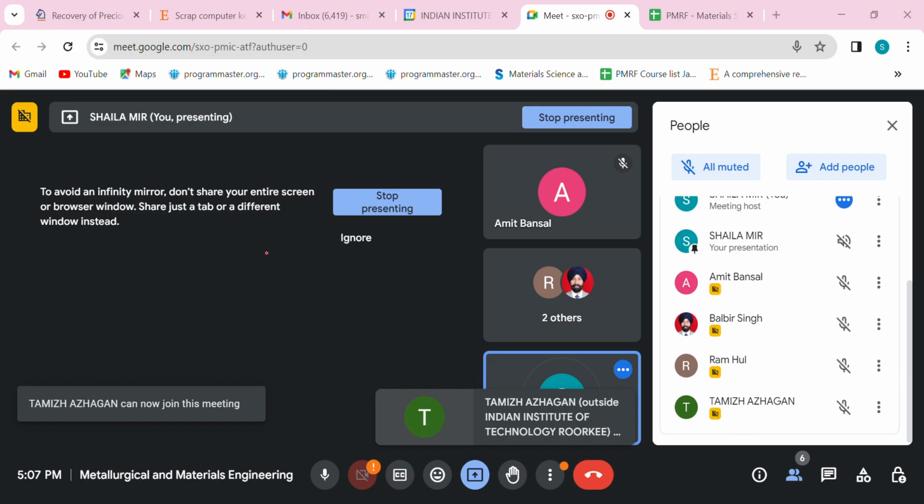So we have this question also: the total strain in a creep test is less than 1%, around 10%, around 50%, or greater than 50%. What are the strains applicable in creep?